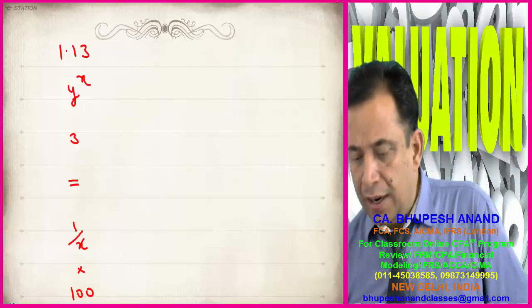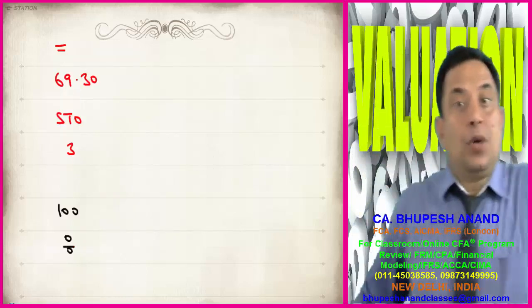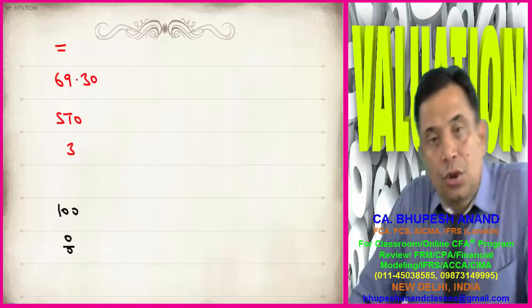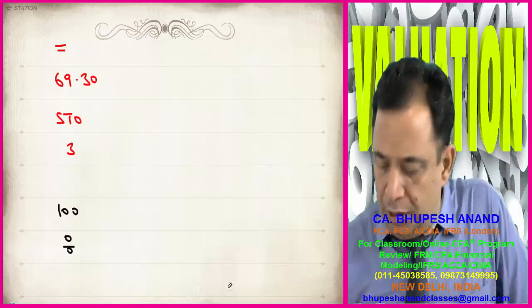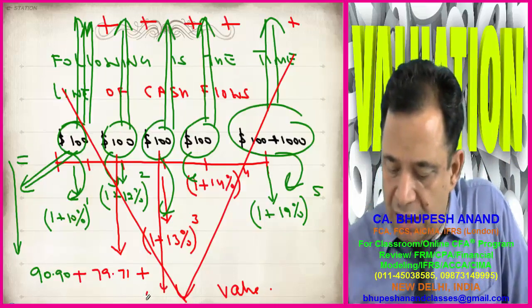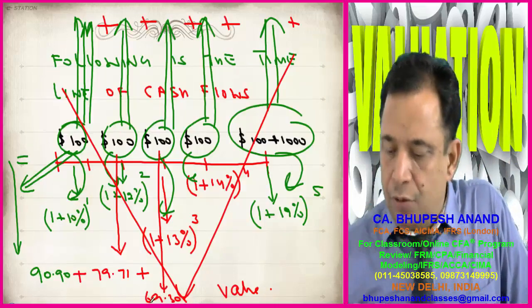When I do into 100, equal to 69.30, I will be storing it in STO3. So 69.30 is the value I am getting for the third year.